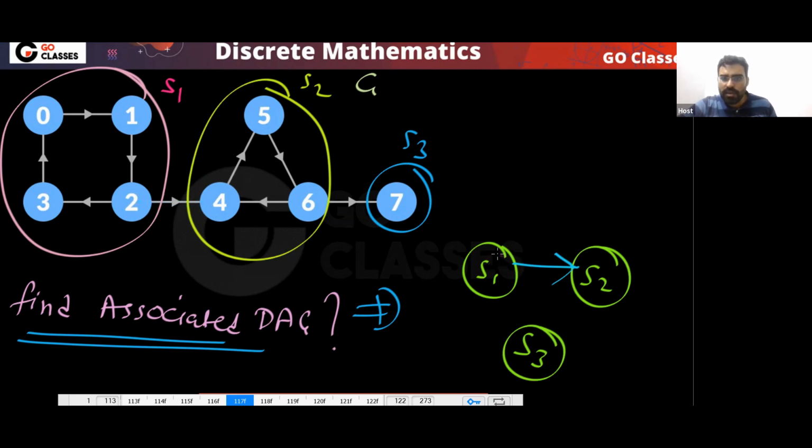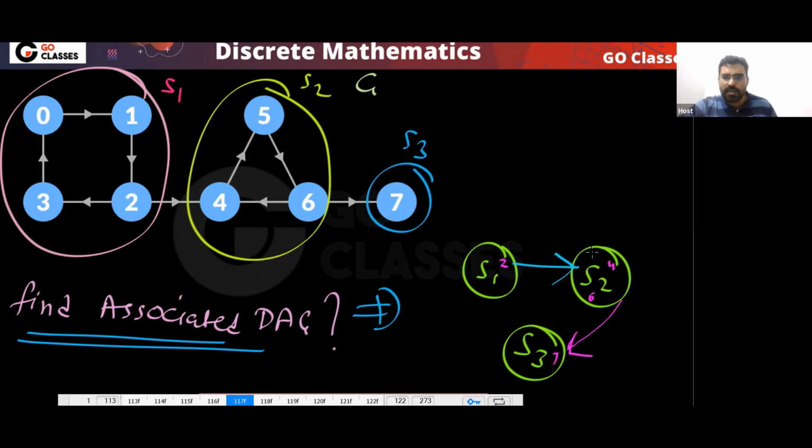Yes, very good. There is 2 here and 4 here, and because of these two, this is the edge. And there is an edge from S2 to S3, because of 6 and 7.